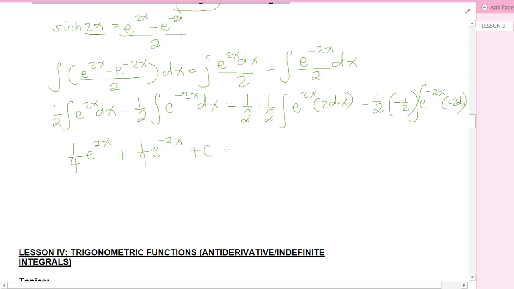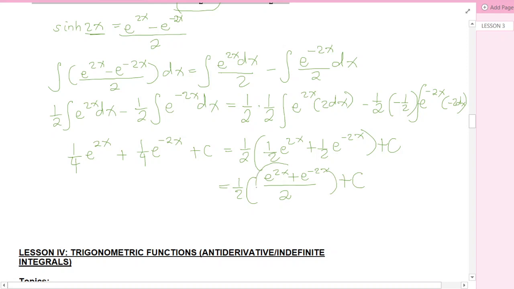Or that is equal to, class, 1/2 multiplied by, let us just bring out that one, 1/2 e raised to 2x plus 1/2 e raised to negative 2x, plus c, and that is equal also to 1/2 times, they have the same denominator, so let us just get that one, e raised to 2x plus e raised to negative 2x, plus c.